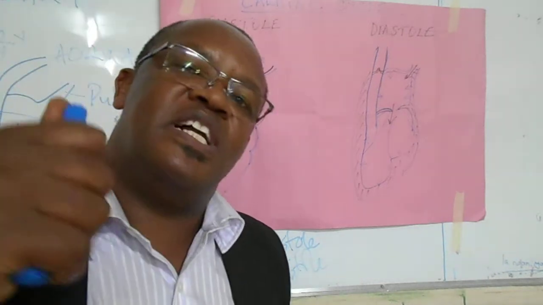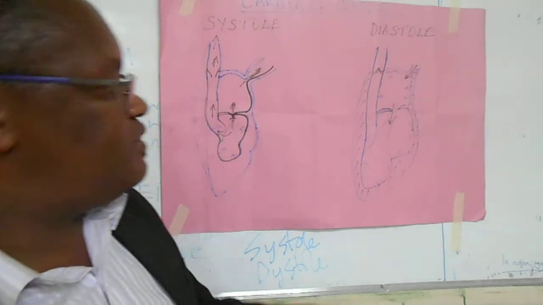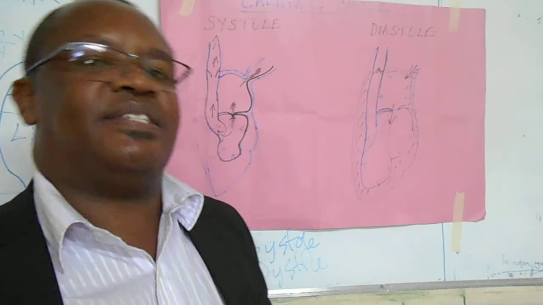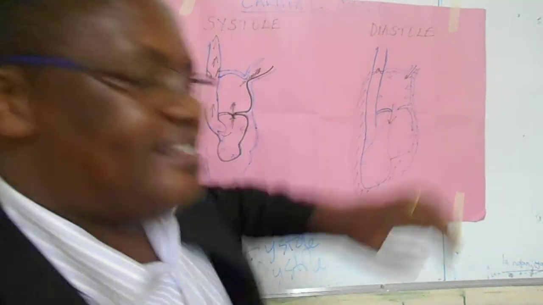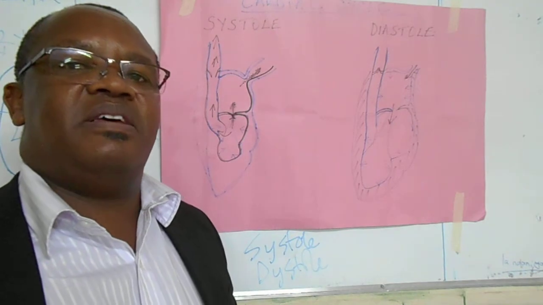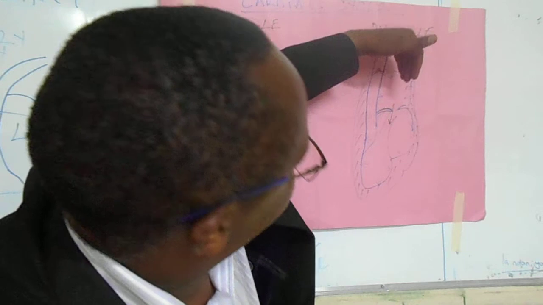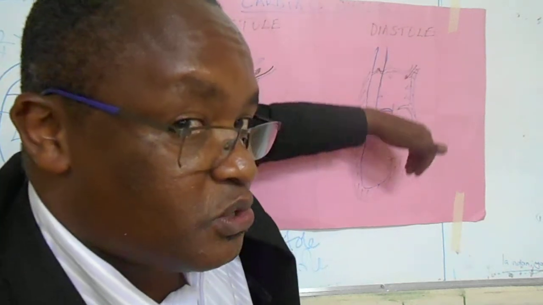The ventricular muscles relax. And when the ventricular muscles relax, the volume of the ventricle increases and the pressure decreases. And when the pressure decreases, the blood flows from the auricles to the ventricles.